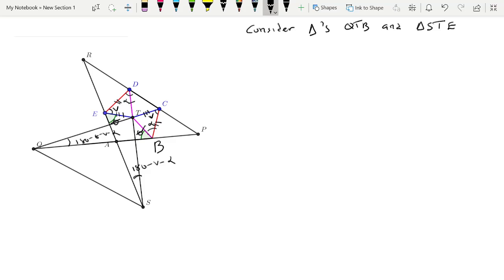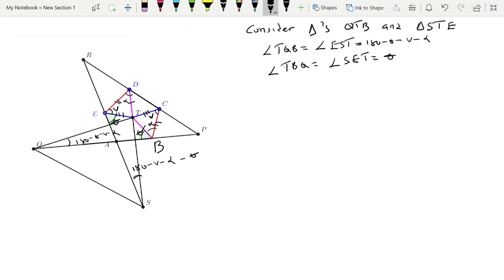If you can notice, angle CQB is equal to angle EST, which is 180 minus theta minus V minus alpha. And angle CBQ is equal to angle SET, which is equal to theta.